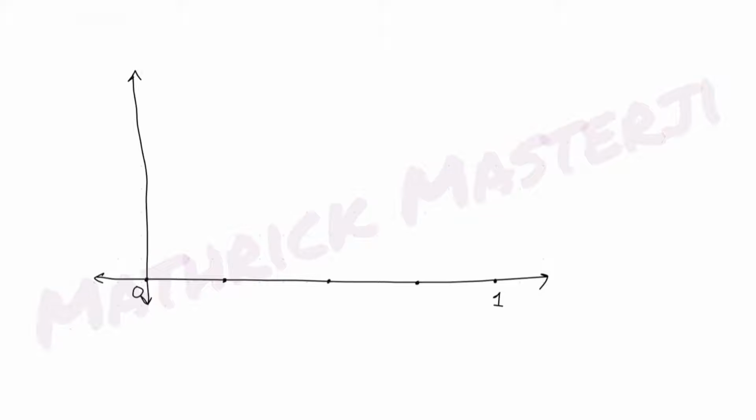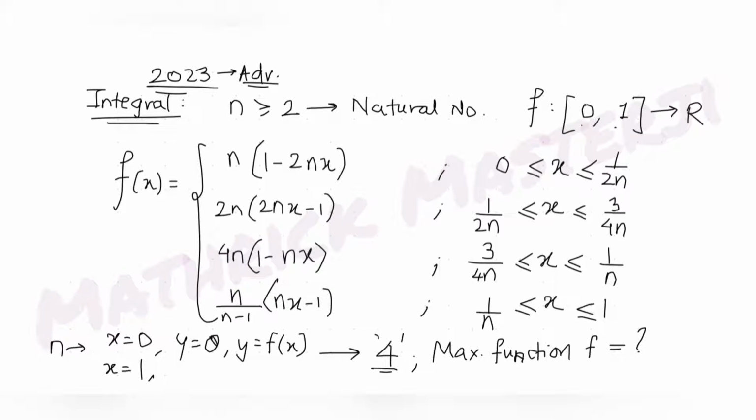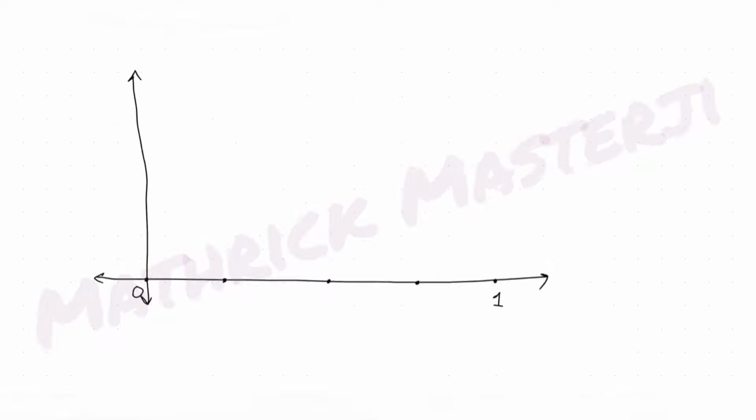Now let's put 0 as the value of x. At x equals 0, this is the function that is followed. If I put 0 here as the value of x, this entire term becomes 0 and we get 1 minus 0, which is 1. Then 1 is multiplied with n, which gives the function's value as n. So at x equals 0, the value of the function is n.